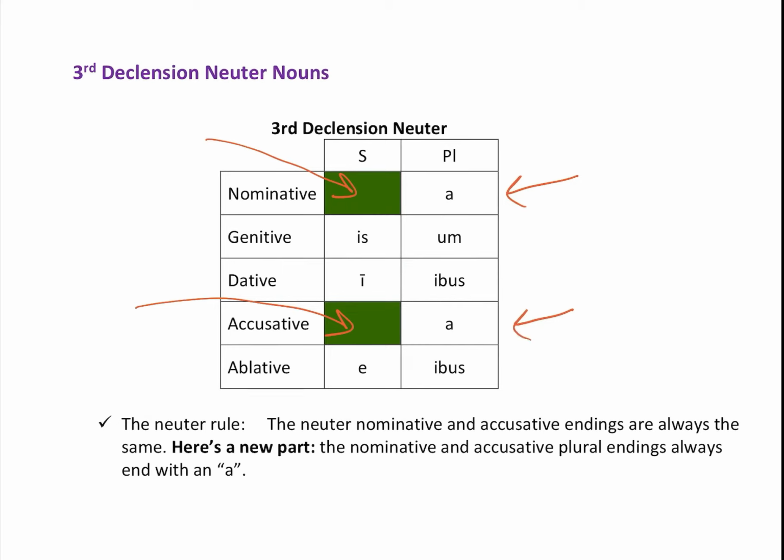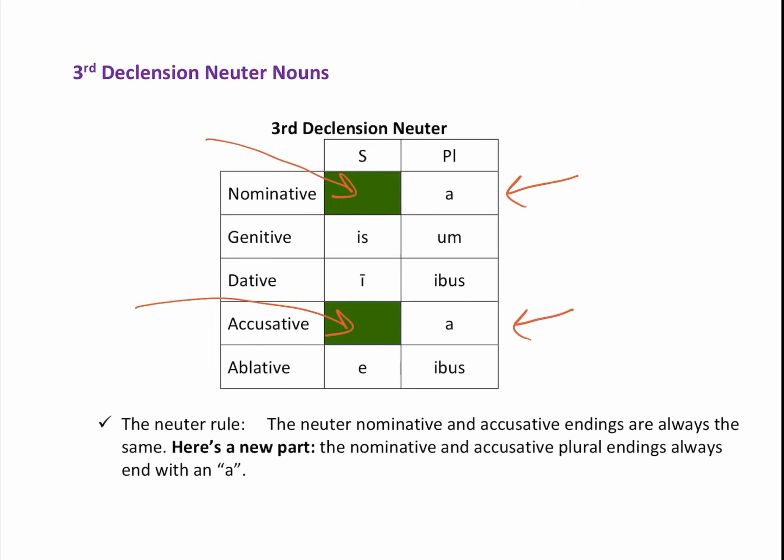But here's a new part of the neuter rule. No matter what declension you're in, nominative and accusative plural endings always end with A. You probably never noticed that before because I've never needed to tell you, but they also end in A. They look a little bit like first declension feminine with the A, and a little bit like second declension neuter. This is another chart that you're going to have to memorize.